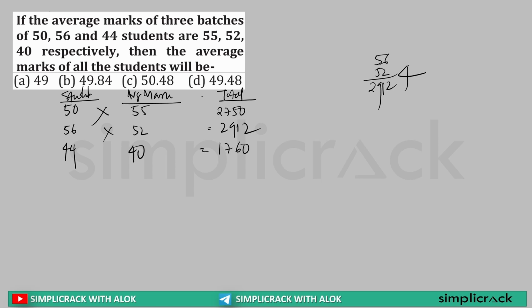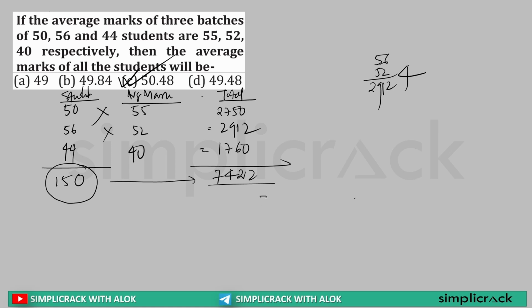Clear or not? Clear. So here the total is 2750 plus 2912 plus 1760, which is 7422. So the total score is 7422. The total number of students is 50 plus 56 plus 44, which is 150.